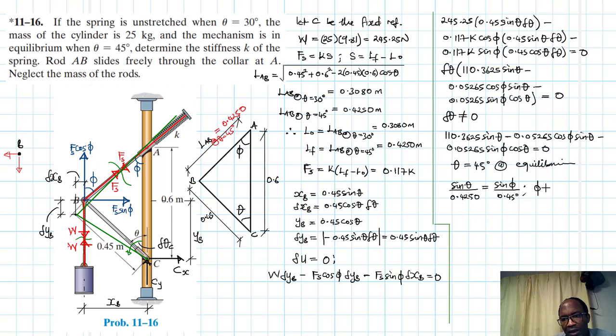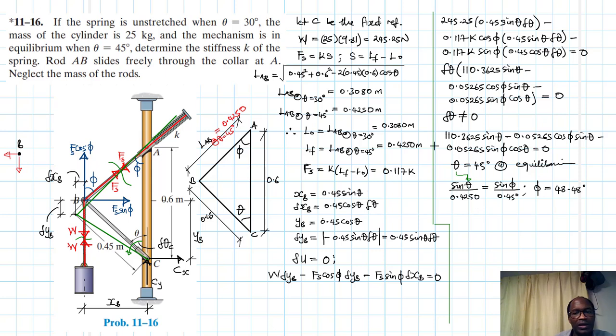Therefore, phi will be equal to, because we are plugging in the value this system has in equilibrium, sine 45 times 0.45 divided by 0.4250, sine inverse of that, and we have phi equal to 48.48 degrees. So we found this value.